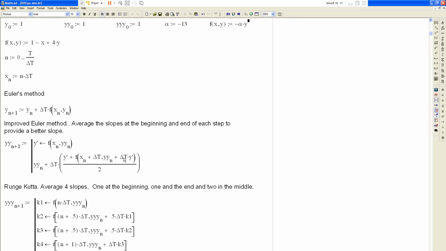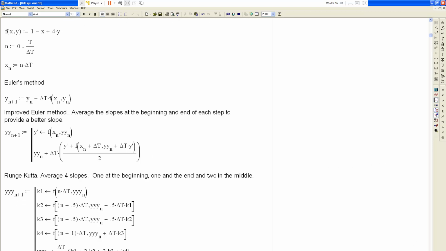So we're looking at one step ahead for the y and the x, and this is the slope at the end of the interval. In other words, at the beginning of delta t, we have this slope, and at the end of delta t, we have this slope. And what we're doing then is we're adding the two together, and we take the average slope. And this is much, much more accurate than just using the Euler's method.